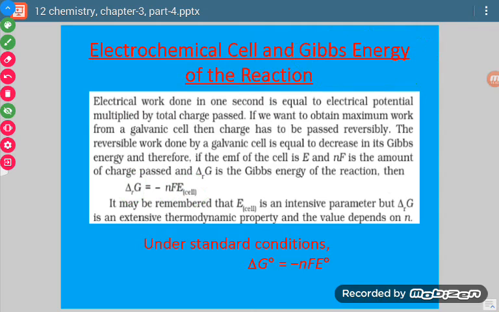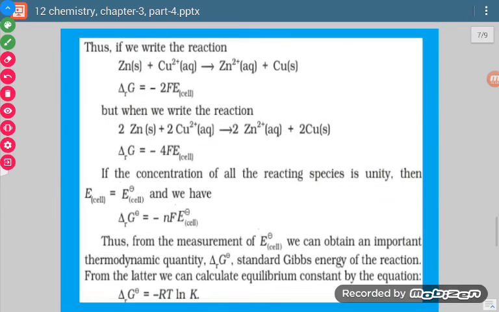Now we have one more relation. In case we are given standard conditions, then delta G naught will be equal to minus nF E naught. So these two relations are one and the same thing; only if conditions vary do we have to put naught, otherwise it is one and the same thing.